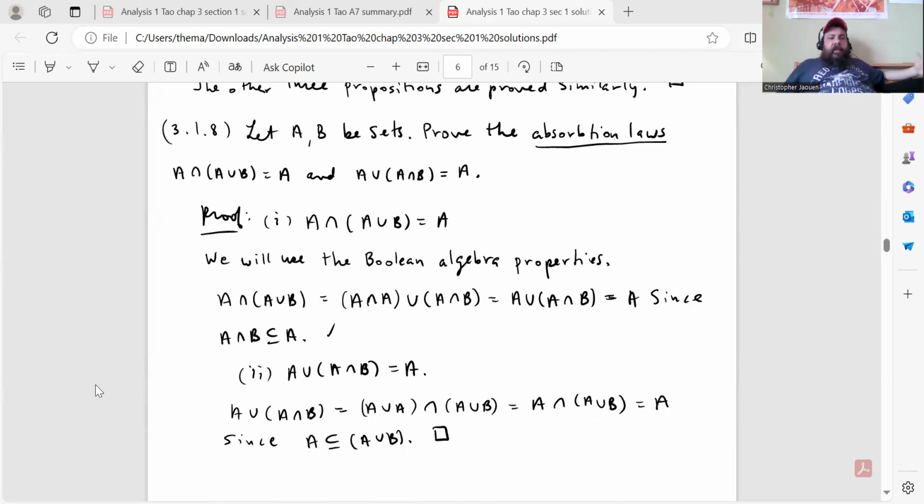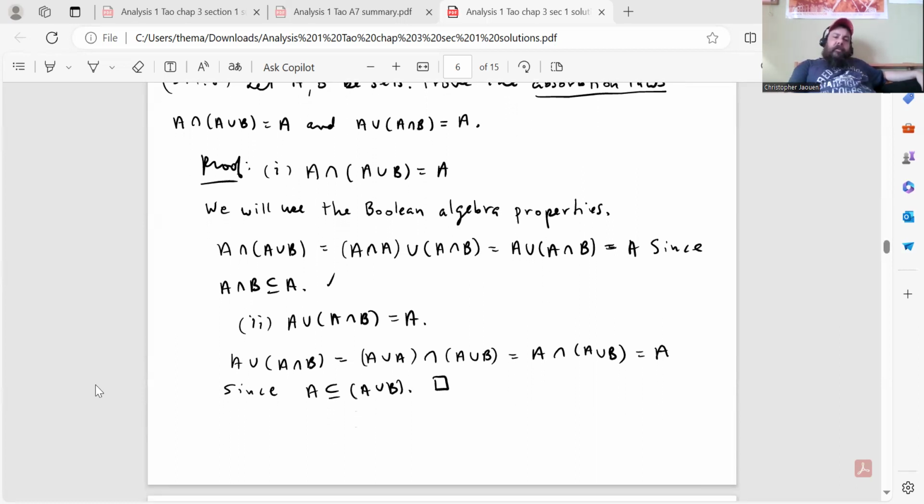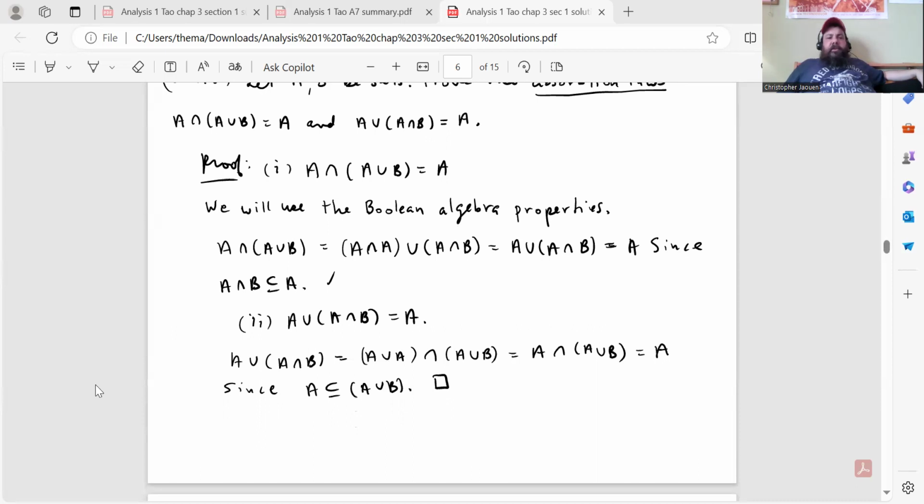3.1.8, they ask us to prove what are called the absorption laws. Let A, B be sets, prove the absorption laws, which are these two here: A intersect (A union B) equals A, and A union (A intersect B) is equal to A. So let's prove them. So part 1, A intersect (A union B) equals A. I did this in a slightly different way.